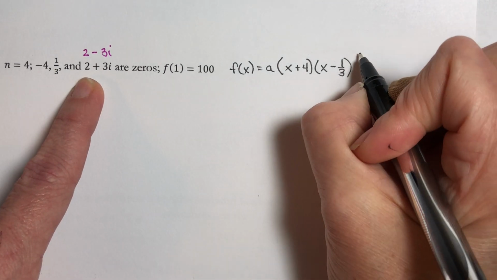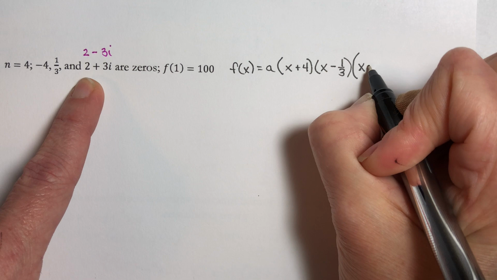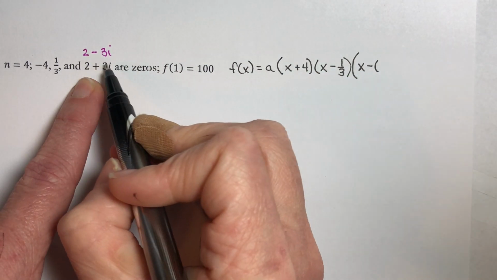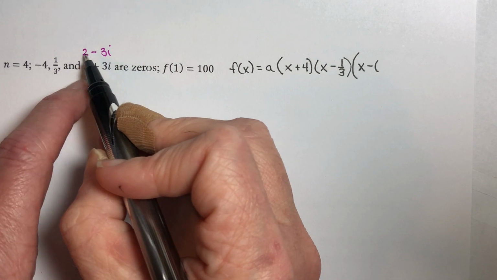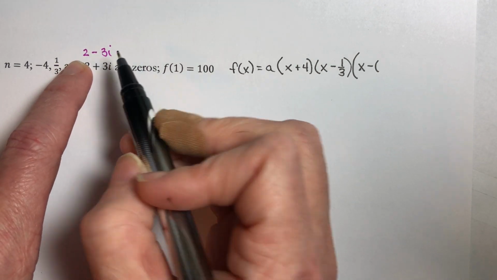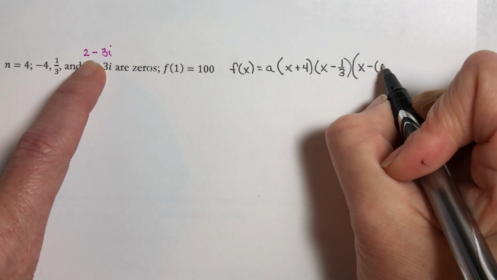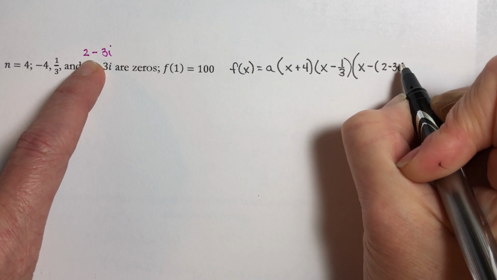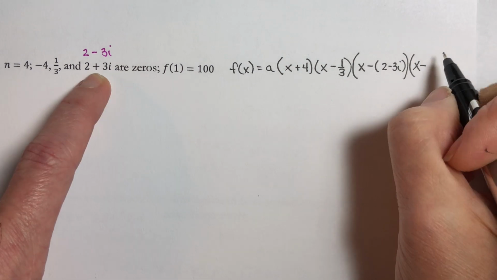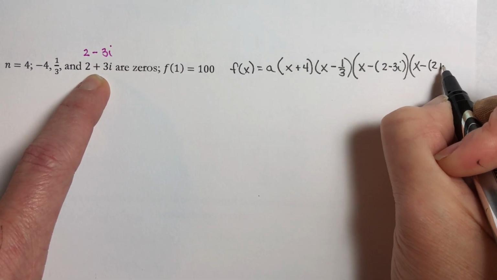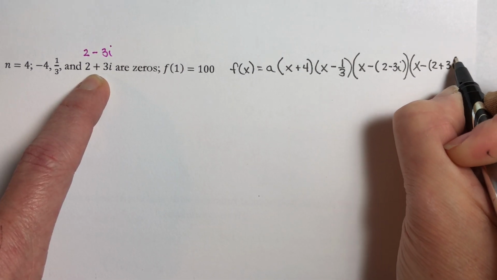Okay, I have x minus, open parentheses, because this has a plus and a minus here, we're going to have a distribution to do. x minus, it's always x minus your zero, so x minus 2 minus 3i times x minus 2 plus 3i.